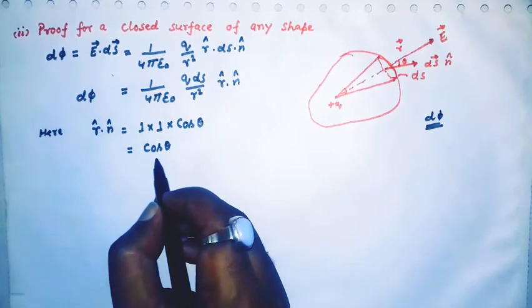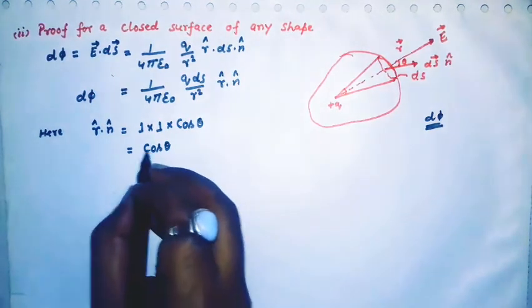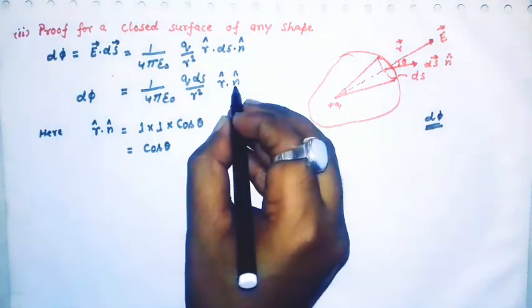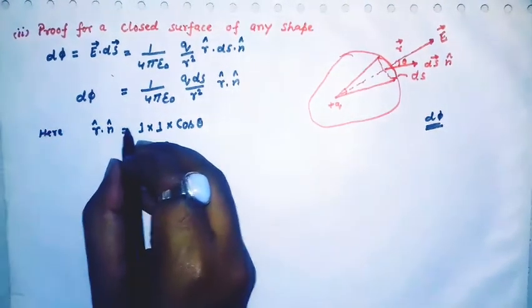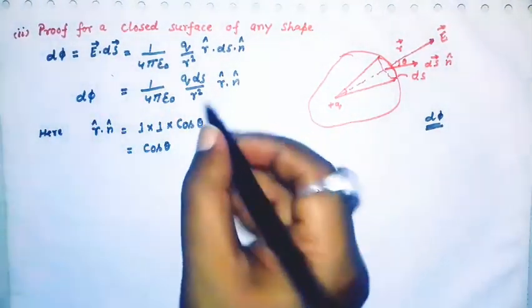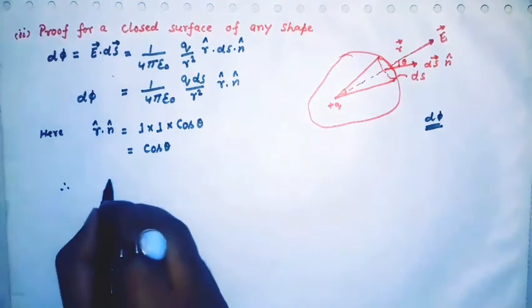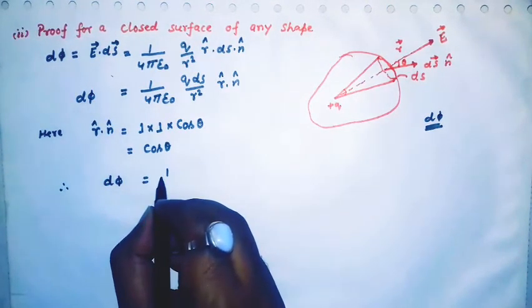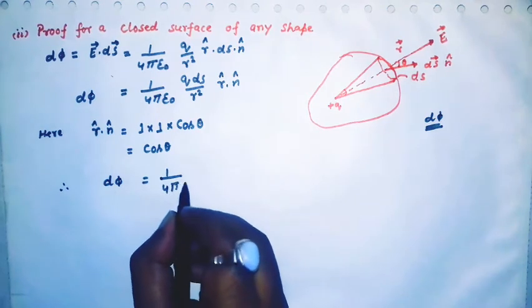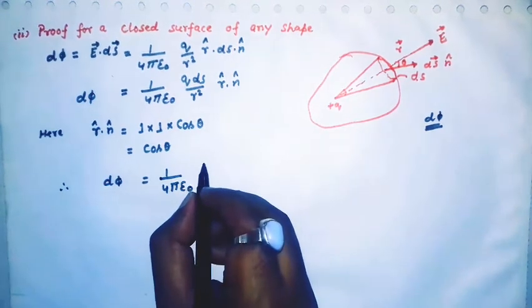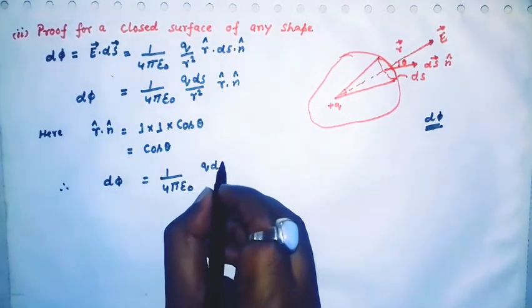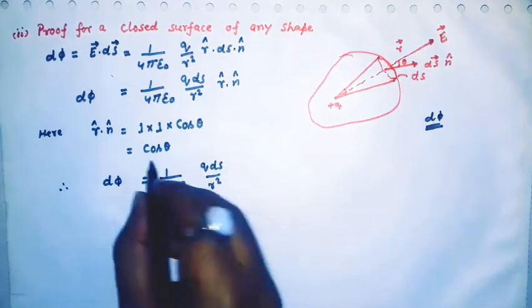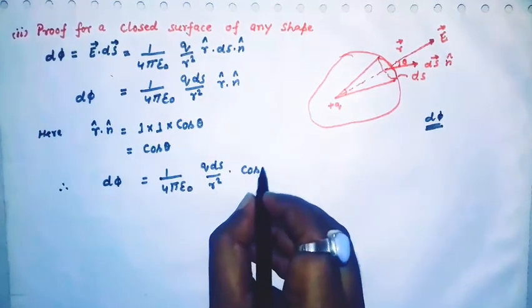So that will be cos theta. Let us put this value of unit vector r dot unit vector n in this equation. Therefore we will get d phi equal to q upon 4 pi epsilon naught, q ds by r square into cos theta.